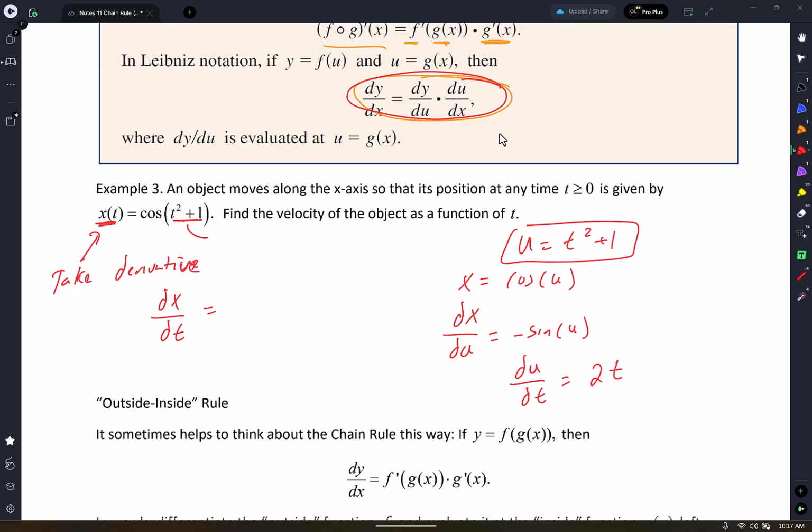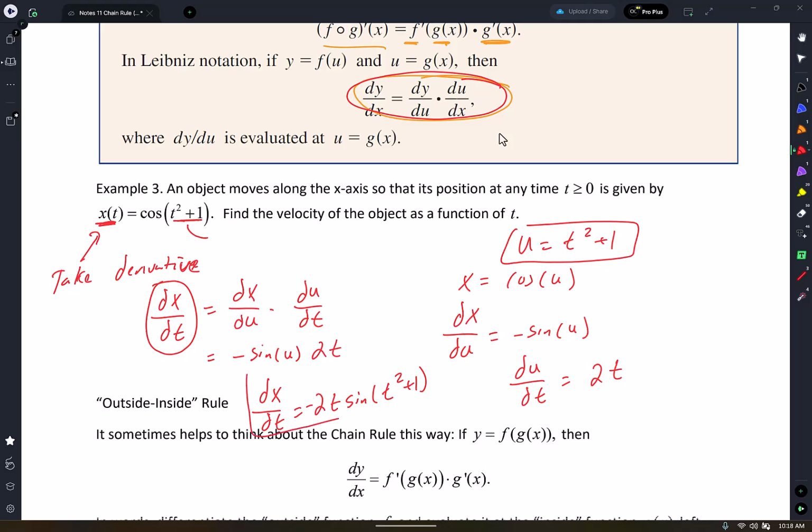So my dx/dt is nothing more than dx/du times du/dt. dx/du is negative sine u, and du/dt is just 2t. I want my derivative to be just in terms of t, so I'm going to write dx/dt equals negative 2t sine of t squared plus 1.